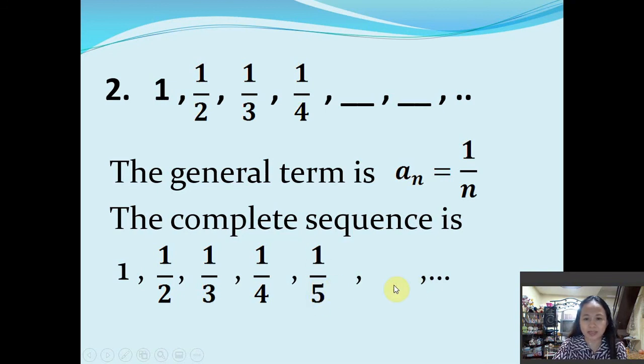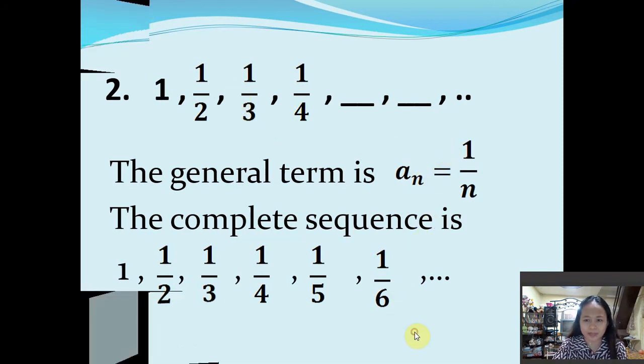And here, for the sixth term, the denominator is 6 since it is the sixth term. So this is now the complete sequence of this particular example. Again, the general term is simply nth term is equal to 1 over n. And this n represents the consecutive counting numbers. So this is the general term for this particular sequence.